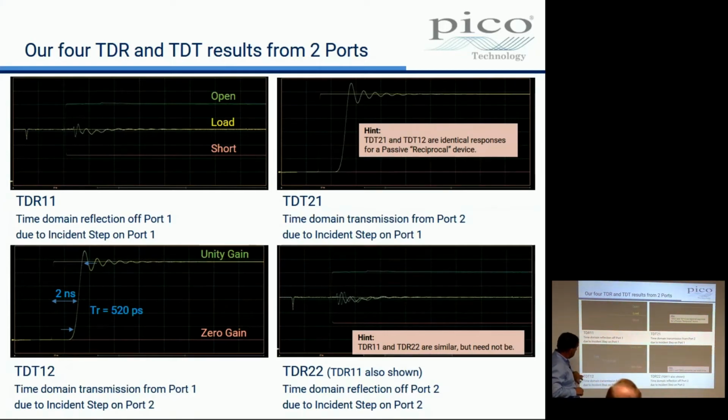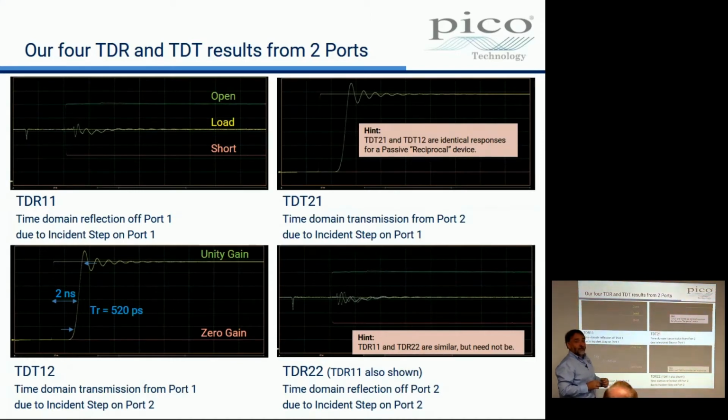TDR12 is the opposite of that. It's the response on port 1 as a result of the step on port 2. And TDR22 is the response coming back off port 2, reflecting from the mismatch of port 2 as a result of what we sent at port 2, the incident wave.